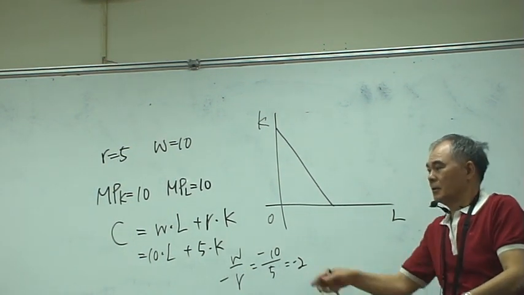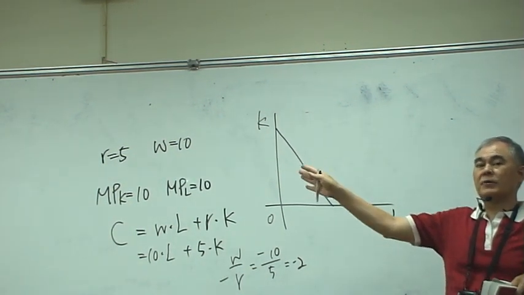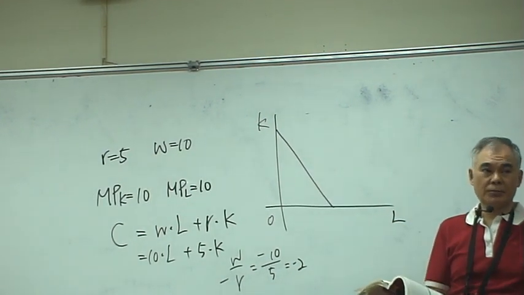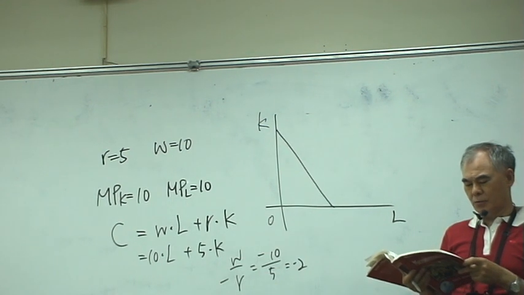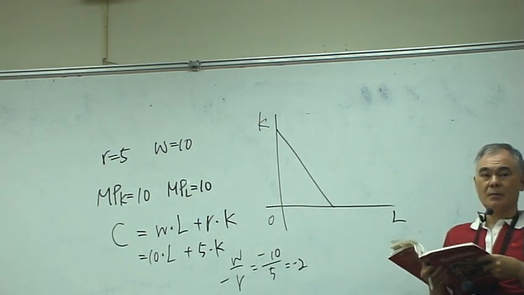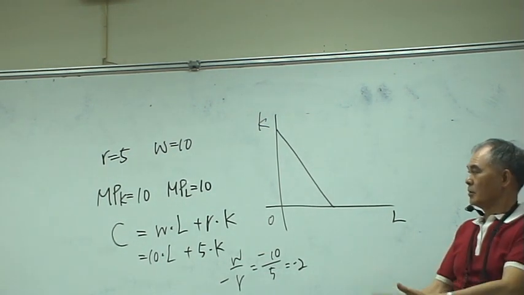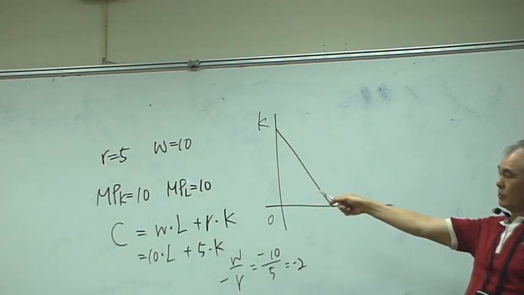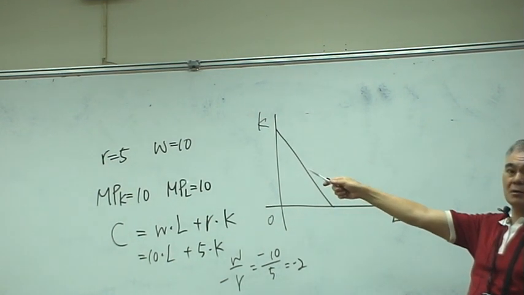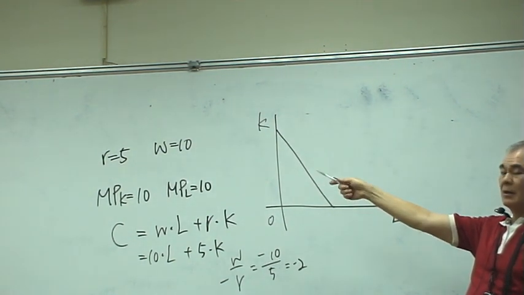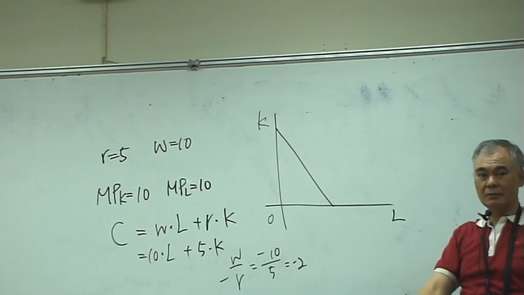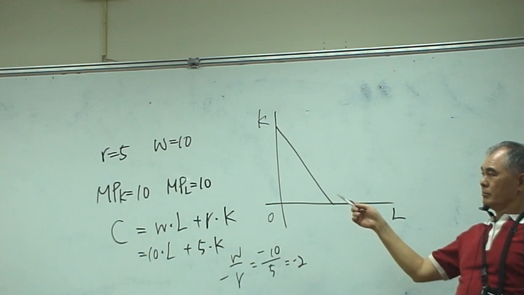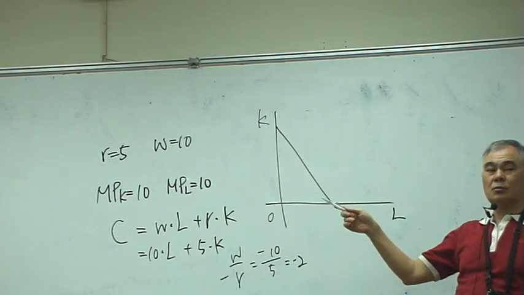If the production information of a firm is like this, and if you are a rational producer, which input are you going to use? So you have MPK equals 10, and MPL equals 10, and you have the price of capital equal to 5, and the price of labor equal to 10.